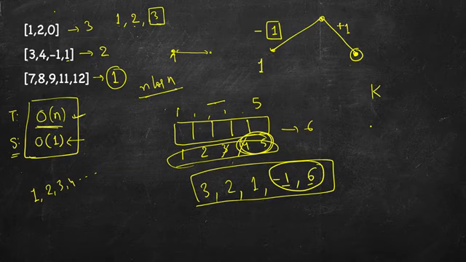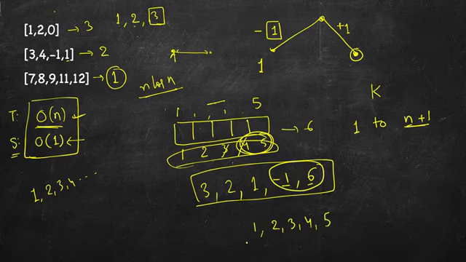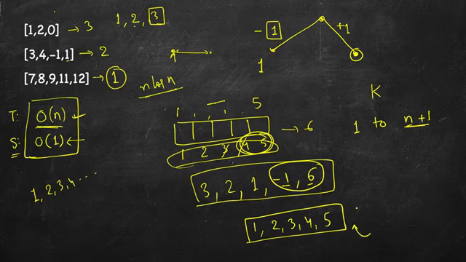So the worst case is that any missing number will be from 1 to n plus 1, where n is the size. As we can see in this case, if we have a size of 5 and all of them are present, then what is the smallest value possible? 6. What is 6? 6 is n plus 1 because n is 5. If this is not the case, it will be less than or equal to n.